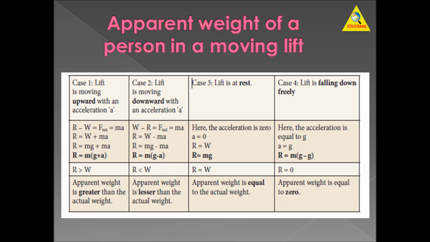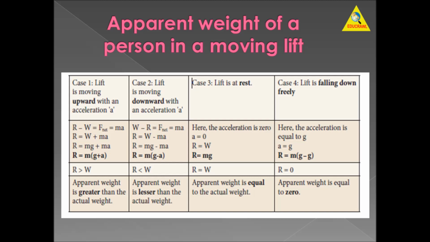So the equation becomes R is equal to m into g plus a. R is the reaction force, or it is the apparent weight, which is the sum of mg and ma. Hence it is greater than the actual weight. Hence, we assume to possess a greater weight when the lift is moving upwards.